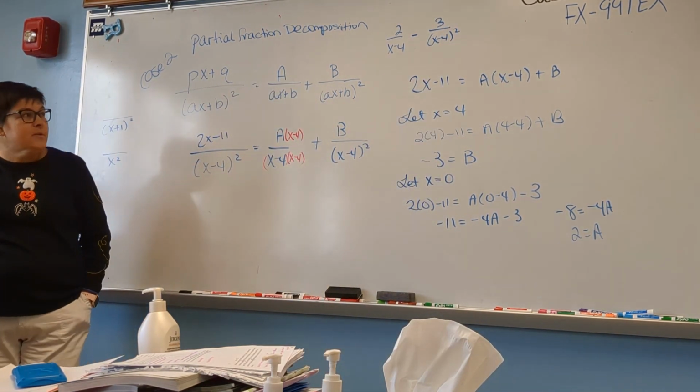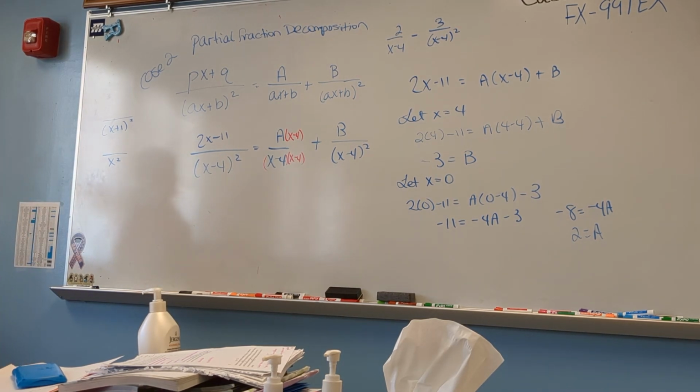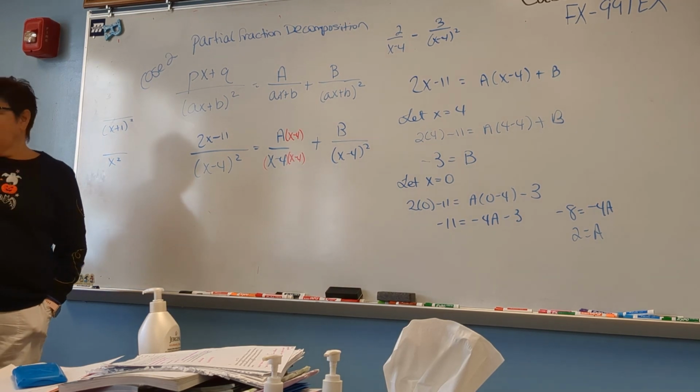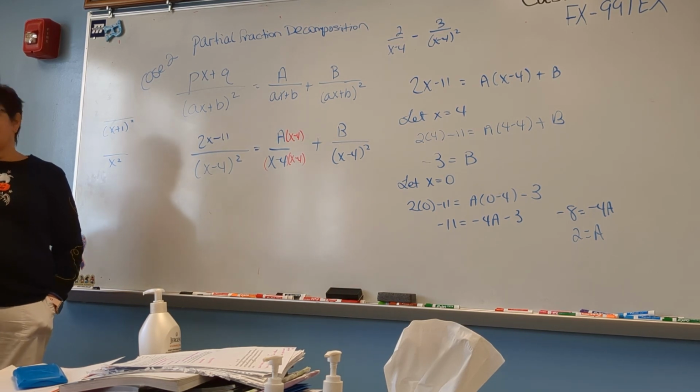Could you integrate the first part of that with no problem? Sure, you would have a du over u situation. And then what about the next part? Can you integrate that? Yes, what would you do? Bring it up to the negative 2 power, and then you integrate with old-fashioned reverse chain rule.